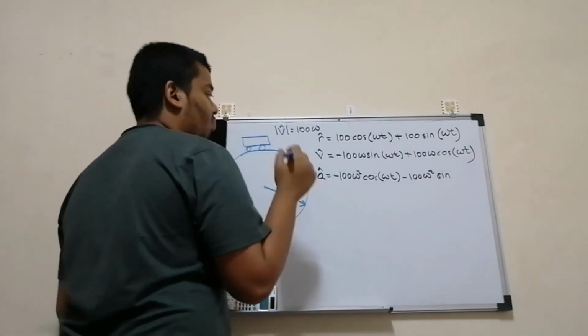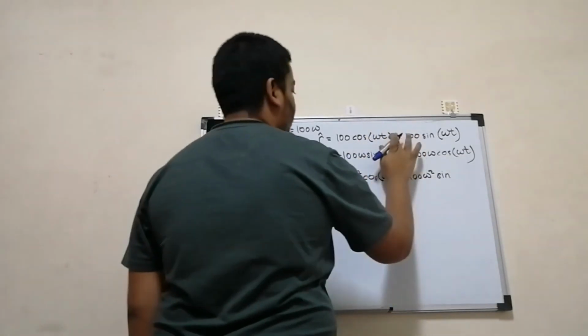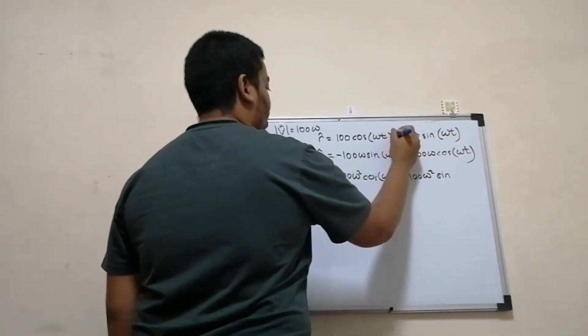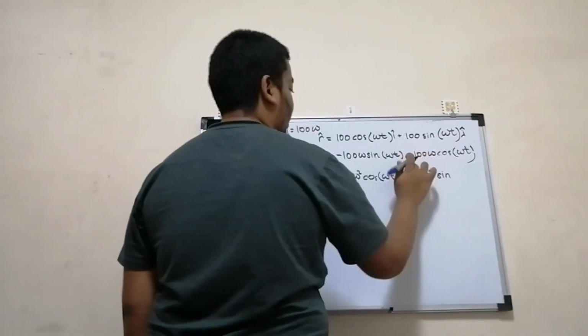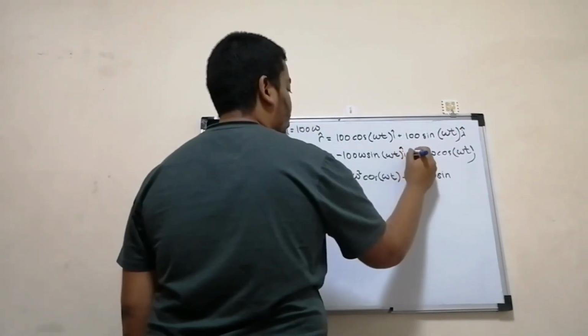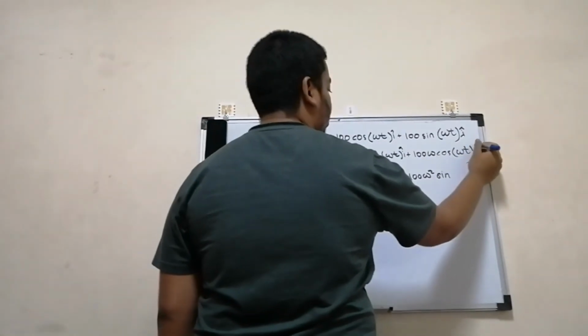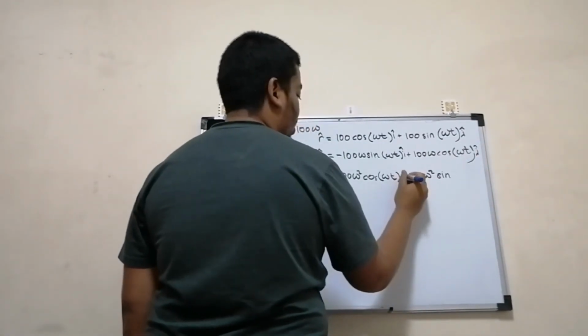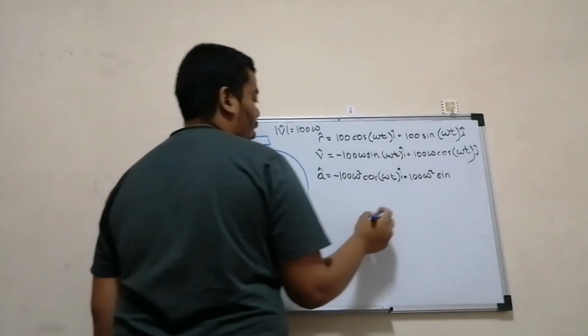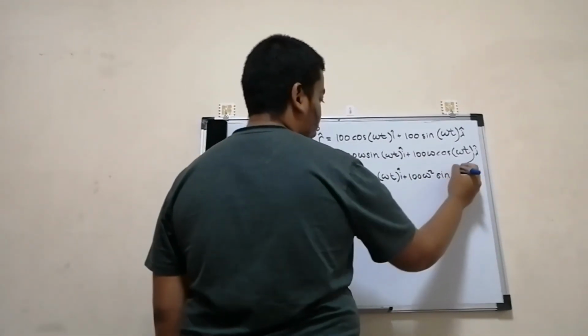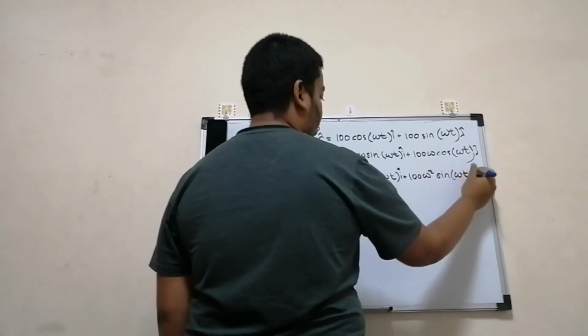Okay, guys, I'm very sorry for that. I mistook something. This will be the i component, and this will be the j component. So this will be the i component, and then the j component will be negative 100 omega square sine omega t.